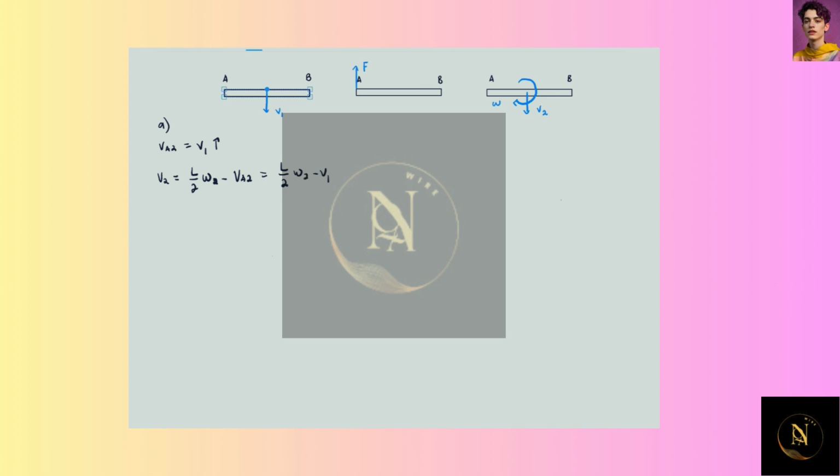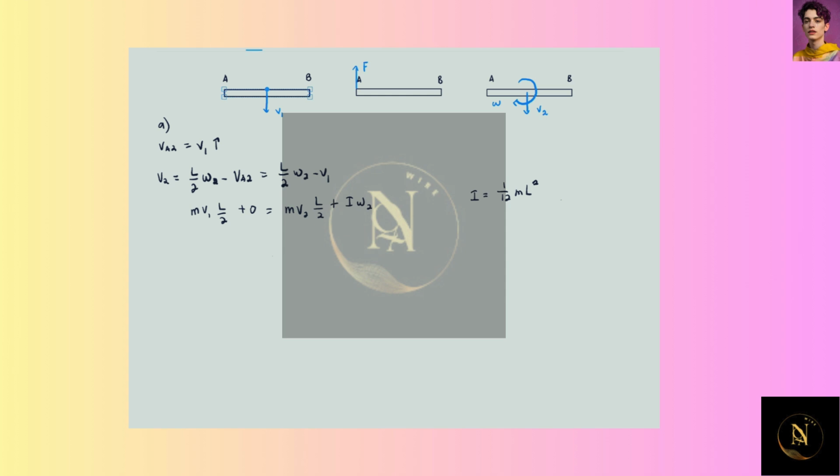Now, taking the moments about point A and taking the clockwise direction as positive, we'll have M V1 L/2 plus 0 equals M V2 L/2 plus I omega 2. Since this is a rod, the equation for its moment of inertia is 1/12 mL squared.